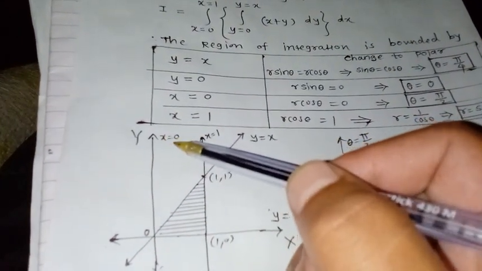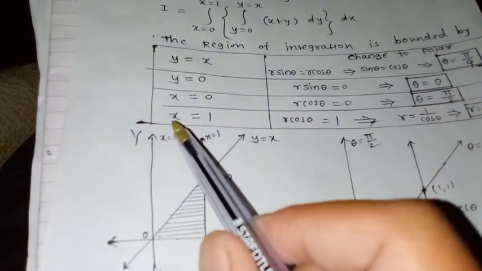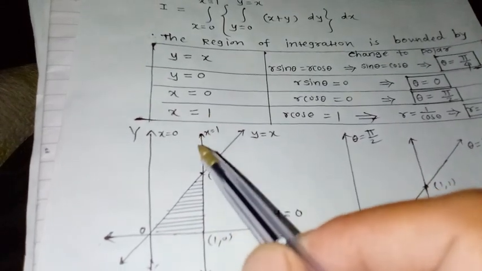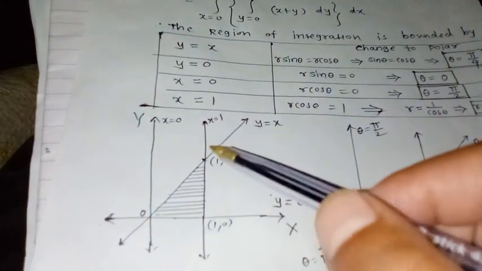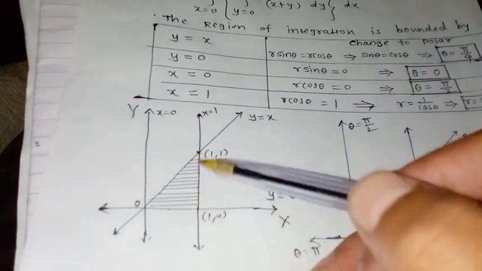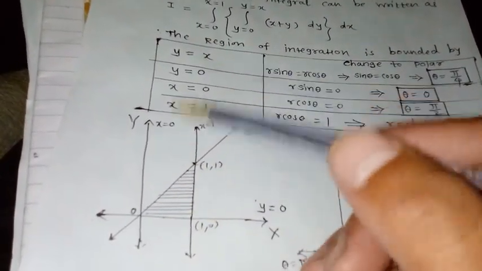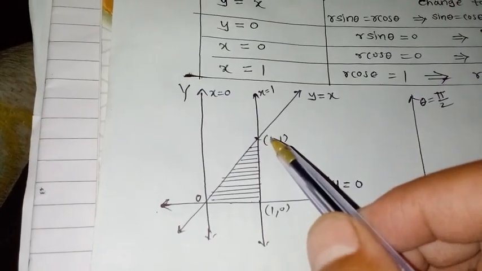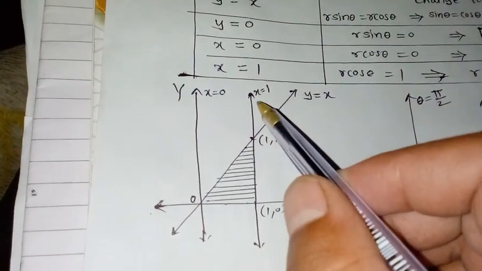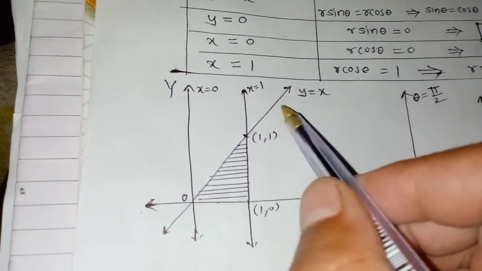The next curve is x equals 1, that will be parallel to the y-axis, so x equals 1, that means this line. So these are the graphs of these curves. Here we can find the intersection point (1, 1) by taking the intersection of these two lines.